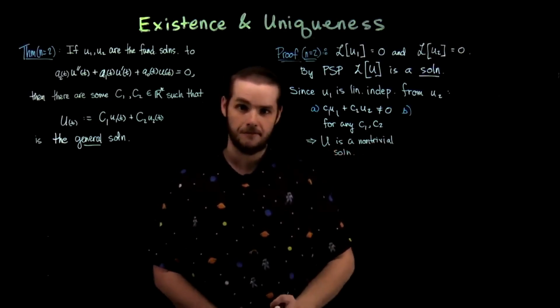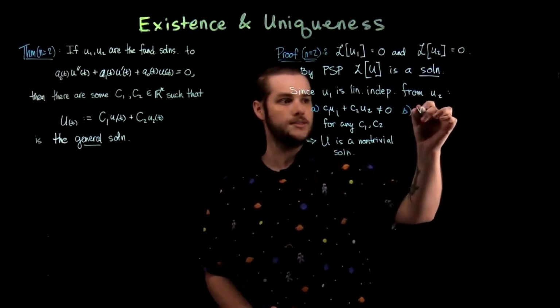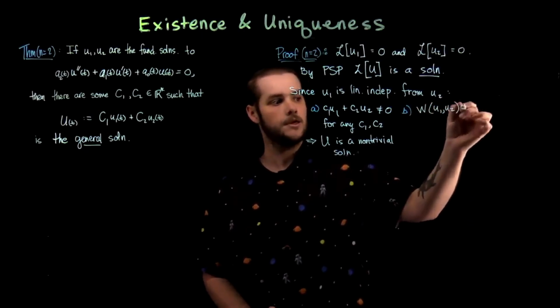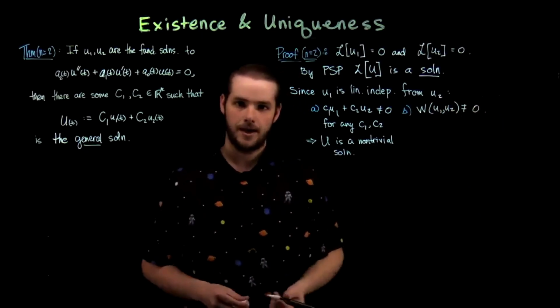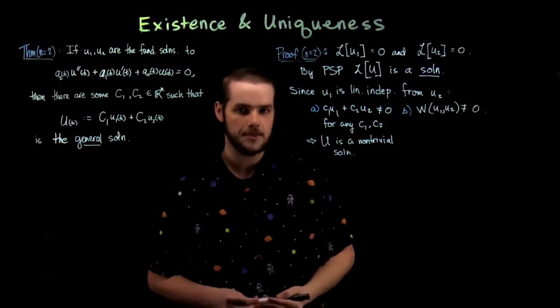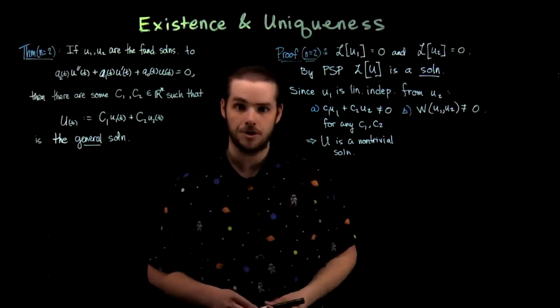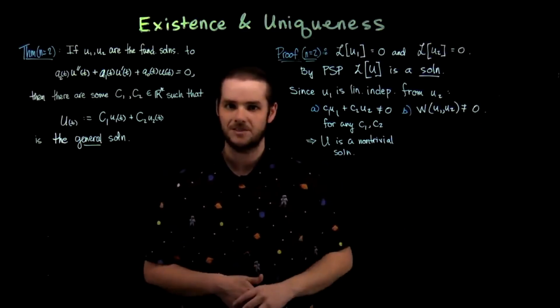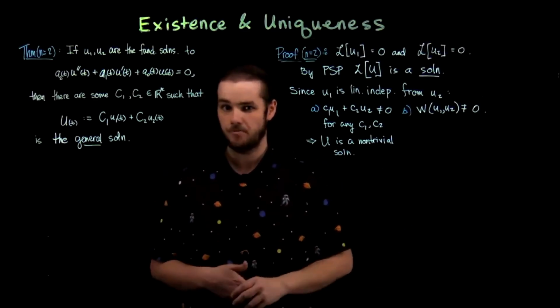The other piece of information it tells us is that their Wronskian is also non-zero. And it's a little less obvious why that's going to matter, but let me show it to you.